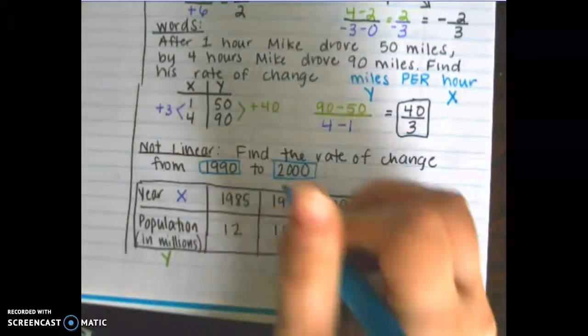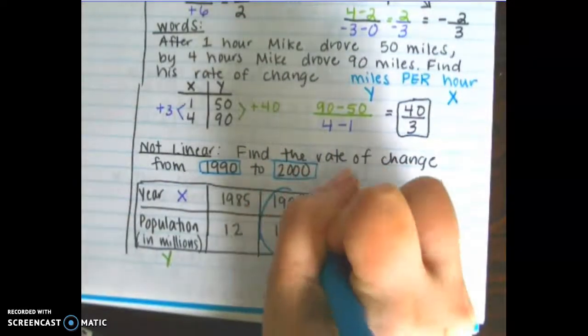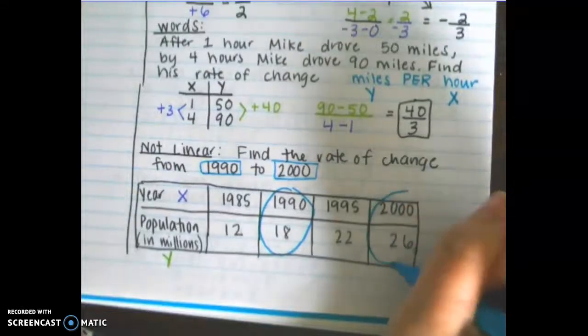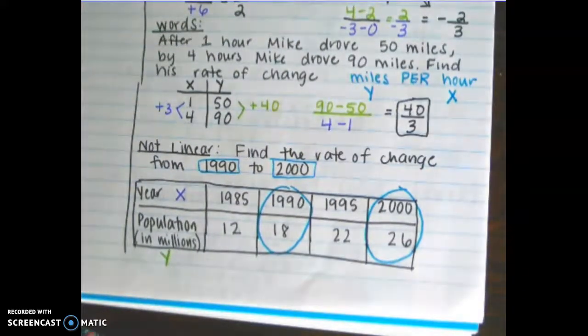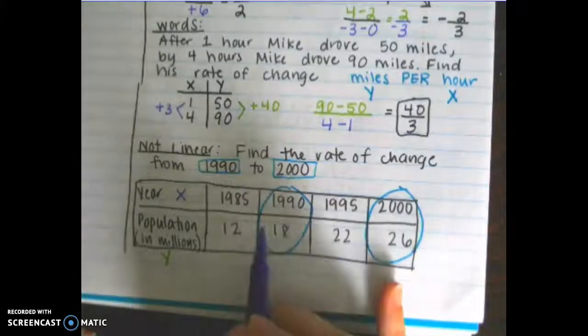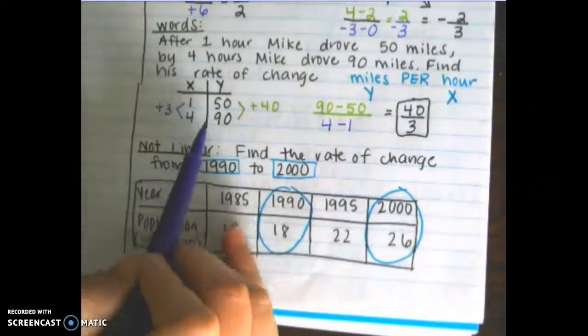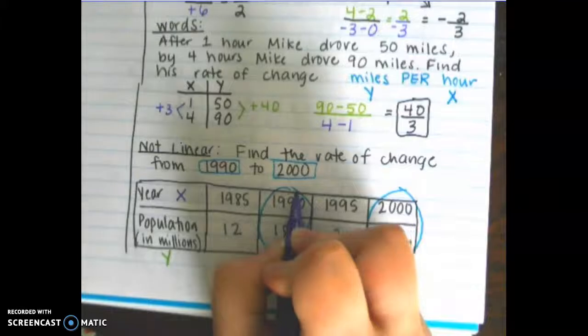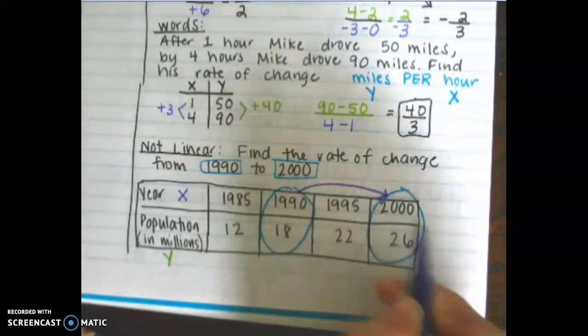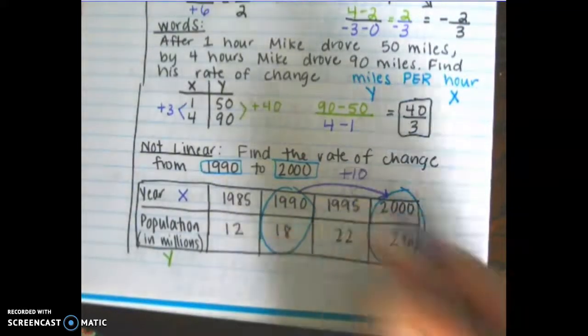So from 1990 to 2000. Basically, you need to ignore everything else that's on this table and do this like a regular table problem, except it's sideways. You could take those 2 and turn it into a table just like this and do it the same way. All right, so from 1990 to 2000 is up 10.